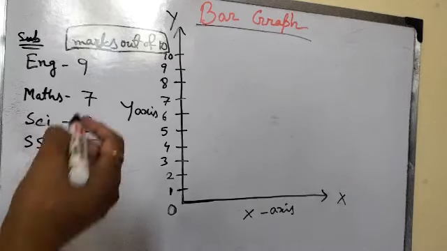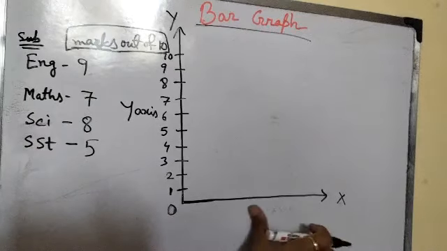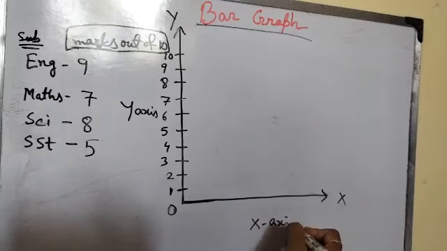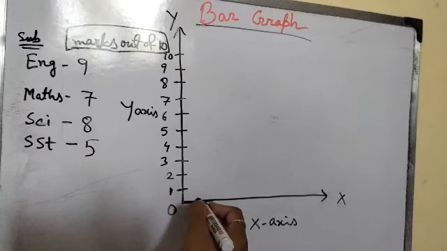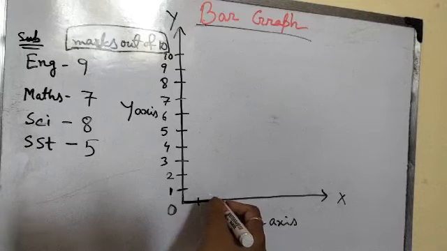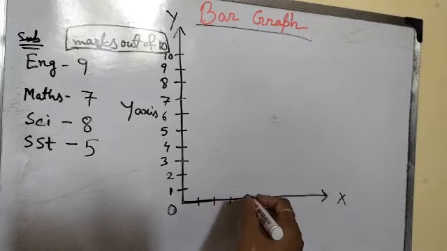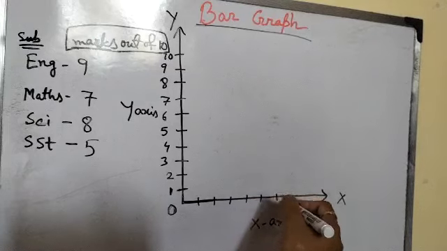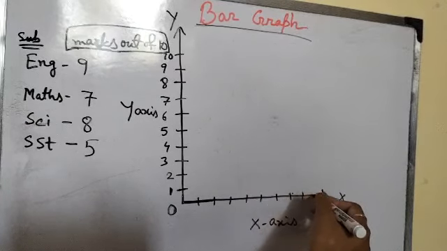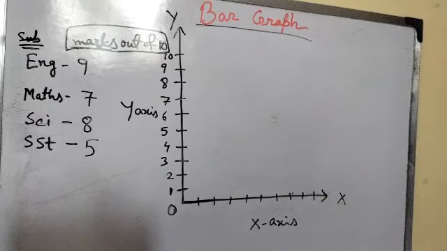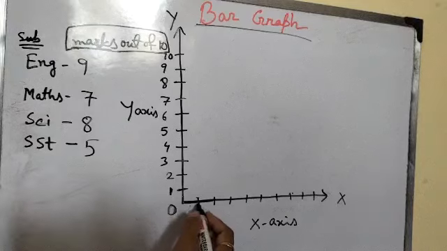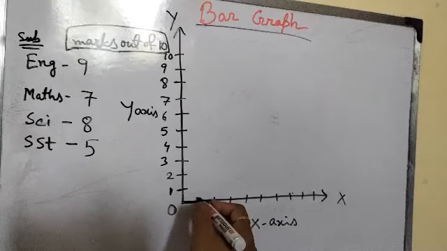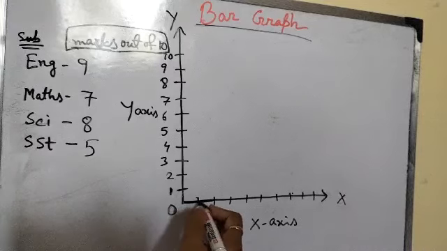Now here in English the marks are 9. So here this is 10 boxes, 10 boxes, 10 boxes. Now from 0 to the first line, the distance is 10 boxes, that means 10 small divisions. So I am taking the difference from 0 to these 10 small boxes.